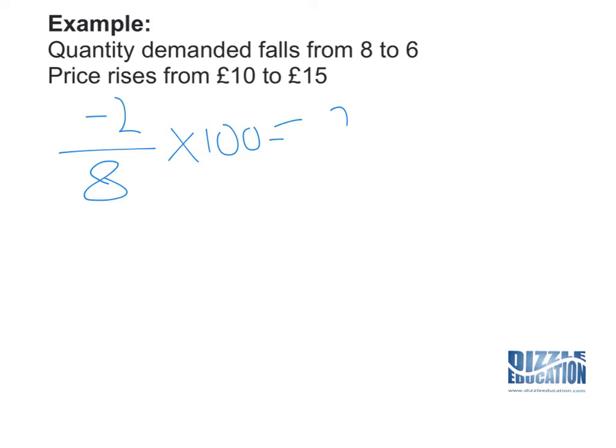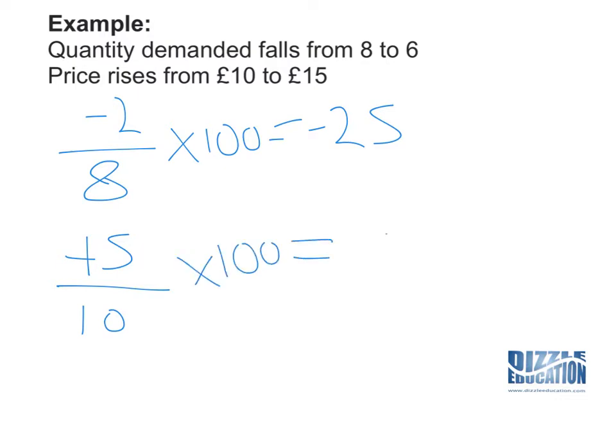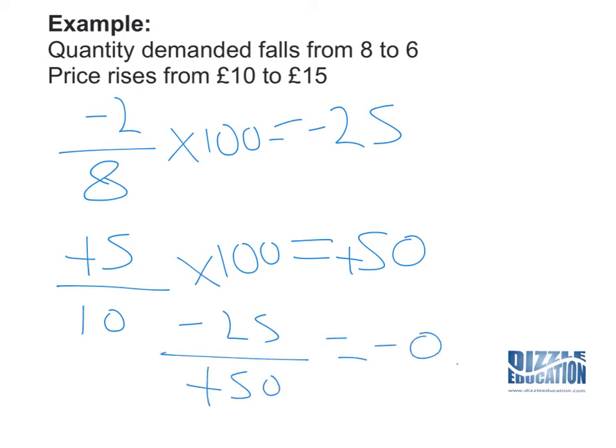That gives it a value of minus 25. In terms of price, it has gone up by 5, so it's an increase of plus 5 divided by the original price of 10, times 100. That gives us a value of plus 50, and so we divide those by each other. So we've got minus 25 divided by plus 50, which gives us minus 0.5 as our answer.